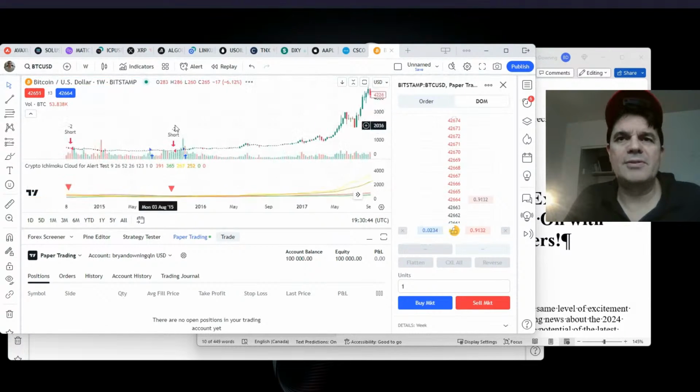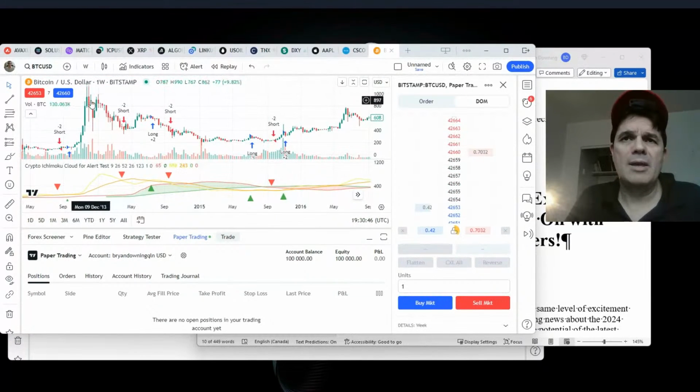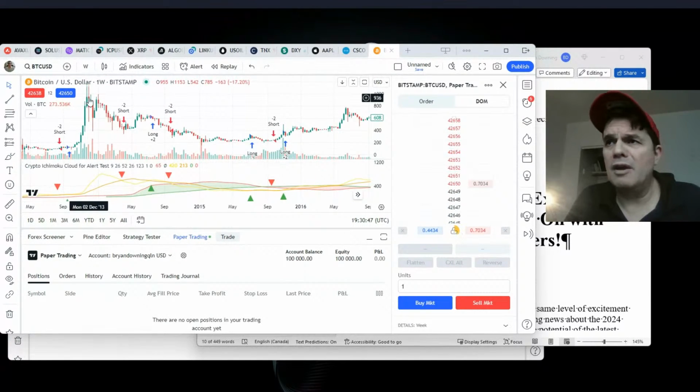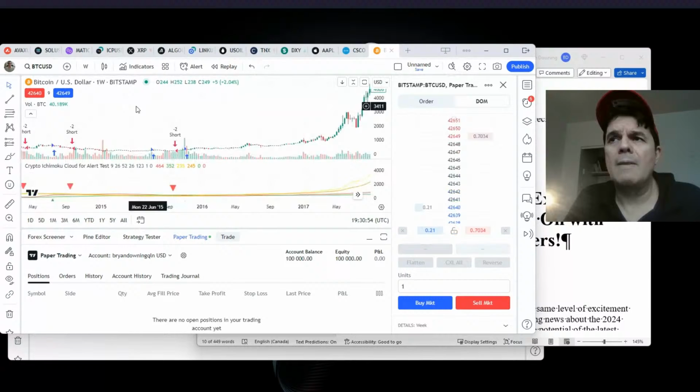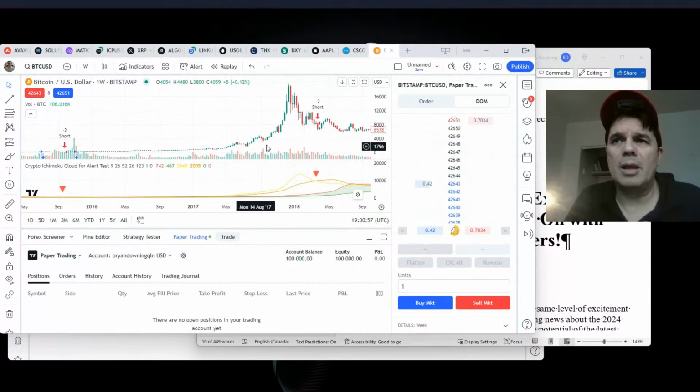Let me pull up a weekly just to get a better view of this. What we're referring to in Bitcoin is we've had our big run up here. This is 2013, but you can see we built up a lot of momentum and it just dropped off.